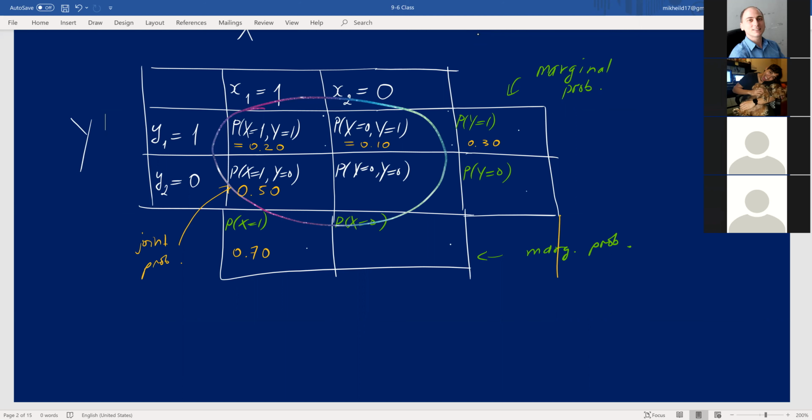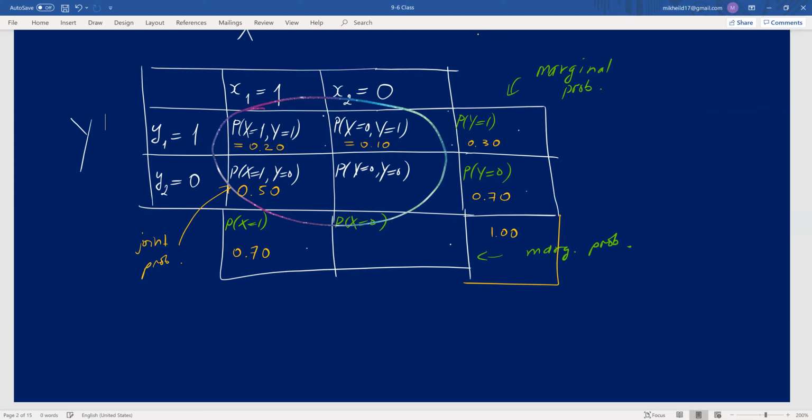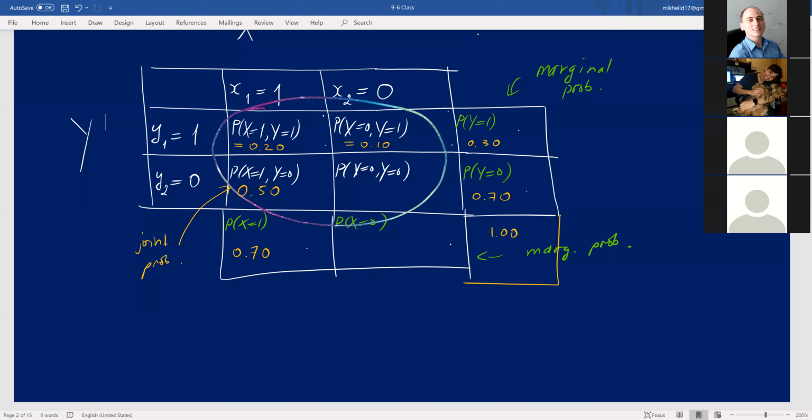Here you have 1 because probability cannot exceed 1. Then here you will have 0.70 because 0.70 is 1 minus 0.30.